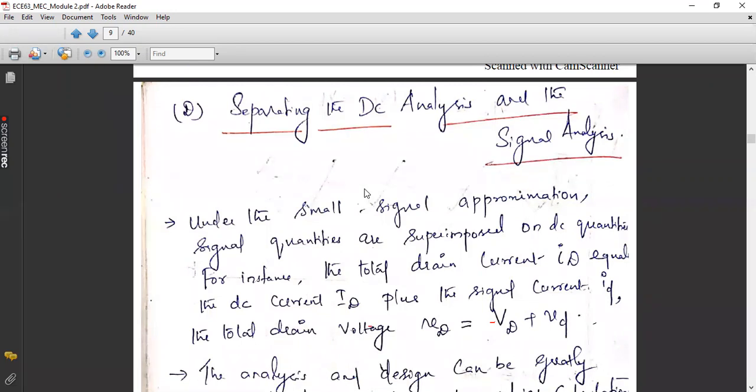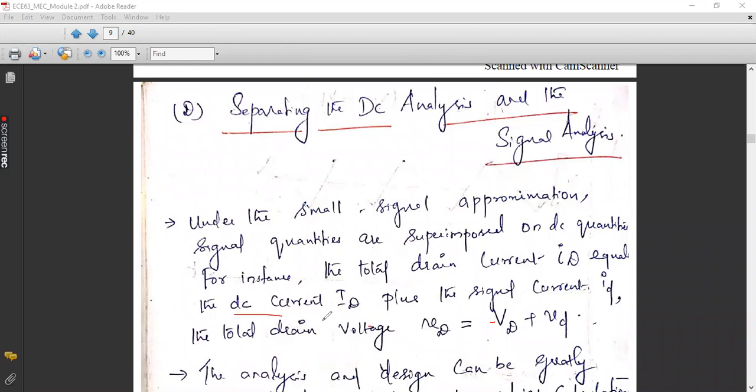Normally if you take signal and DC together, the expression for your output voltage at the drain terminal will be the sum of the DC effect and AC effect. That is nothing but, according to the equation, capital VD plus small letter VD. So this is the total drain voltage, considering both capital ID and small letter ID, that is the DC current as well as the signal current.